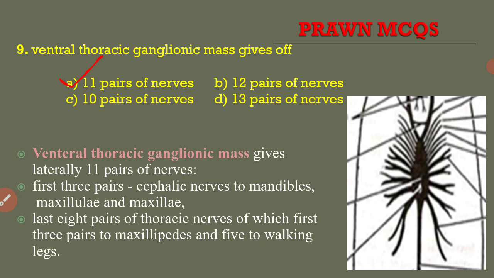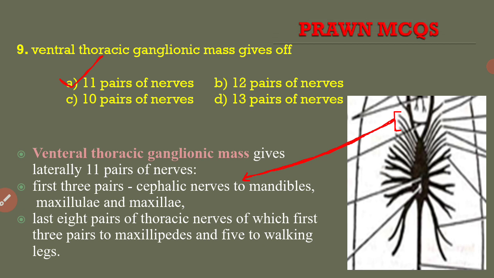Out of that, the first three pairs of these nerves innervate the cephalic portion, the mandibles, maxillulae and maxillae. These are cephalic nerves, and they innervate body parts like mandibles, maxillulae and maxillae.